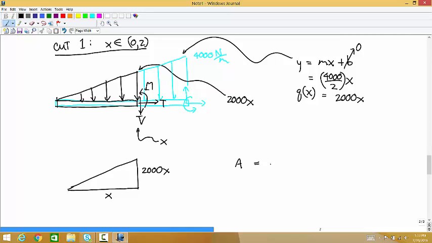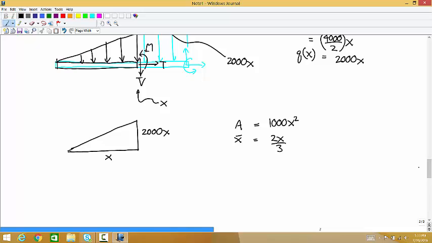Okay, good. 1,000x squared. And then what's the distance from the left end of this triangle to the centroid? 2/3, yep. So 2x over 3. Yep, exactly. And so now we can rewrite this free body diagram.